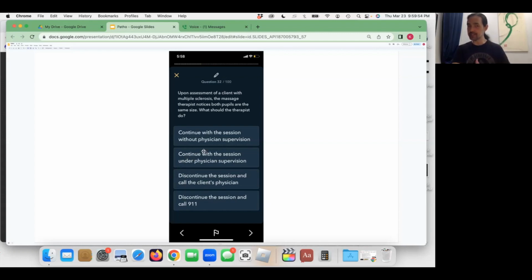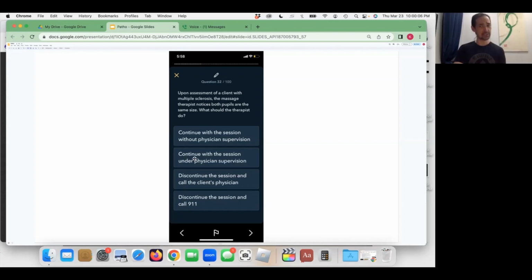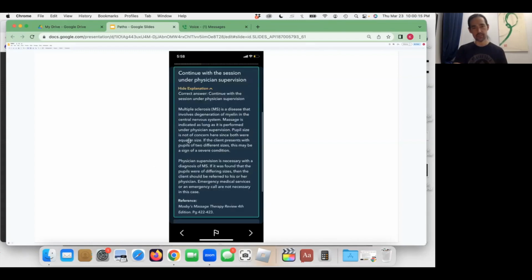So when they say continue with the session under physician supervision, that includes the process of pausing, discontinuing and talking to the client's physician. Hey, is it okay? Can I continue? Right. So that's really tricky, but I can see how number 2 is more complete than number 3. There's no other explanation about the options themselves.